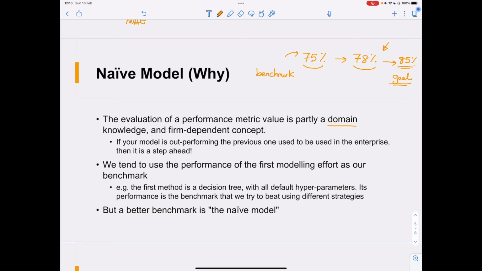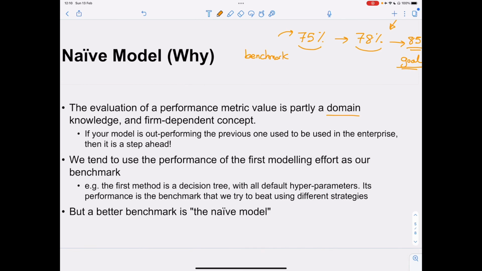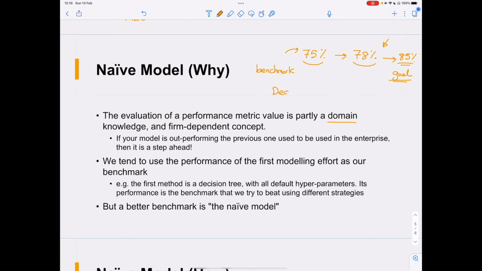Still, we tend to use performance of the first modeling effort as our benchmark. If you recall, we start with a simple method, a more or less transparent method, let's say a decision tree, with all default values, without hyperparameter tuning, without anything. And we use the value of the metric here as a benchmark.